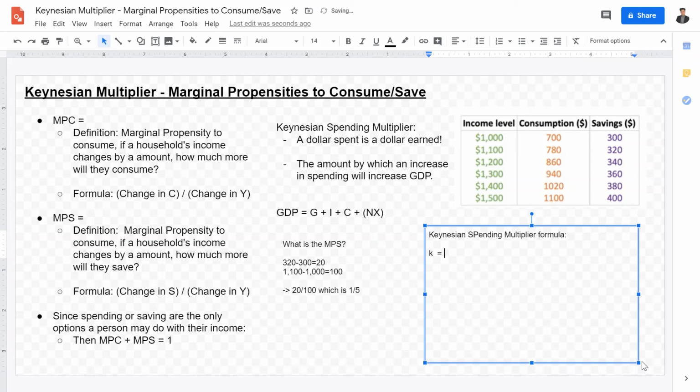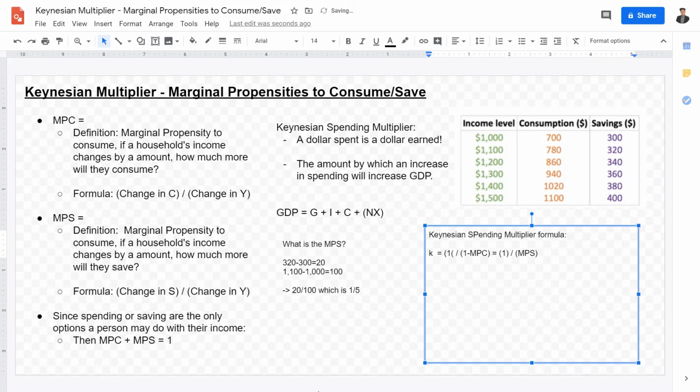The little k is equal to 1 divided by 1 minus MPC, or, because we know that MPC plus MPS equals 1, we could also say that it is equal to 1 divided by MPS.